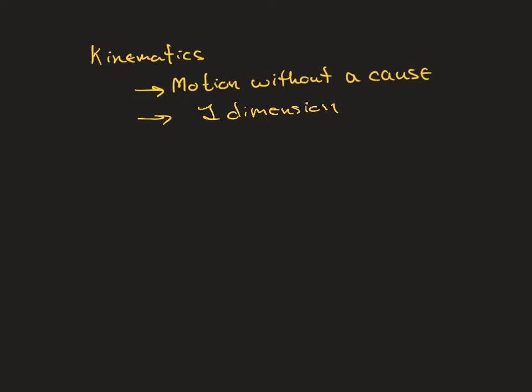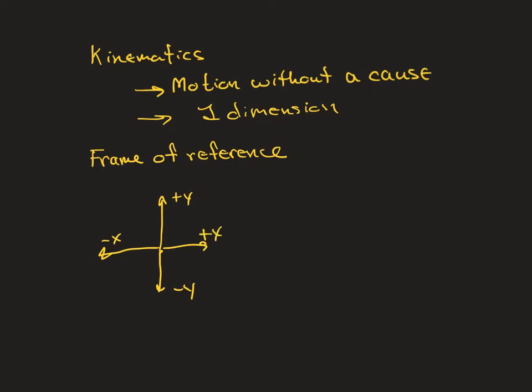So when we begin discussing motion, it's going to be very important to discuss frame of reference. Typically when we set up a coordinate system, up is positive y, down is negative y, to the left is negative x, and to the right is positive x. And we have to agree on where a 0 point is.